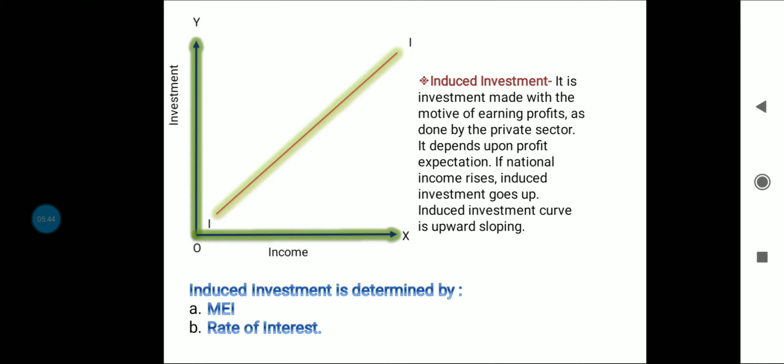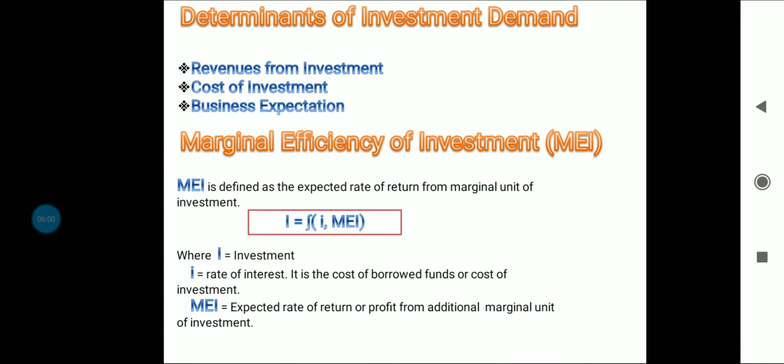When the income goes up, the investment will also go up. If national income rises, induced investment will also increase. So the induced investment curve has an upward slope. Now we understand its determinants, the factors which determine the investment demand.